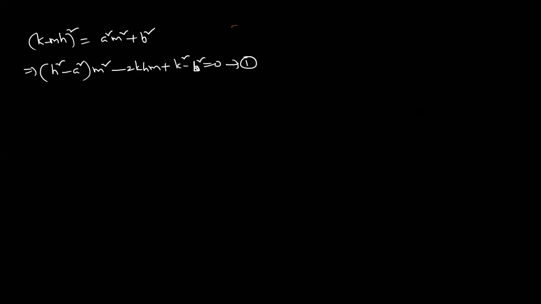Now, so what do you mean? Passing through a given point, maximum how many tangents are possible? What is the degree of this equation? 2. So there are 2 slopes possible. So that's why 2 tangents are possible.